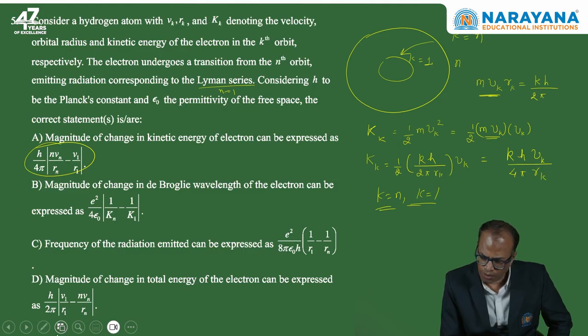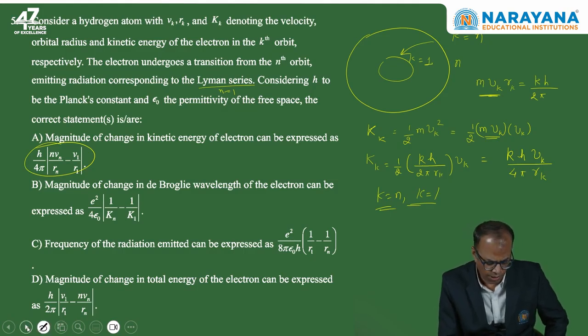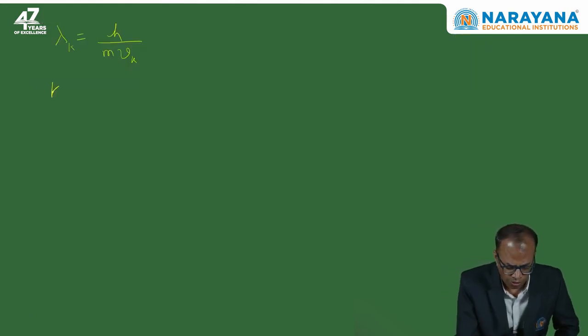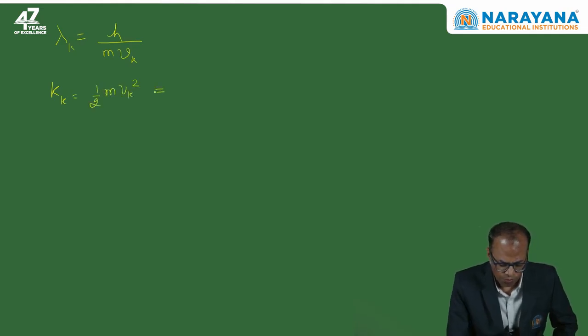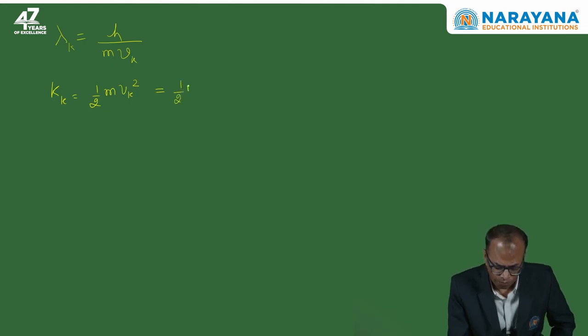So let's talk about kinetic energy. I'll start again. So kinetic energy in the kth orbit is half m vk squared, which can also be written as half m.